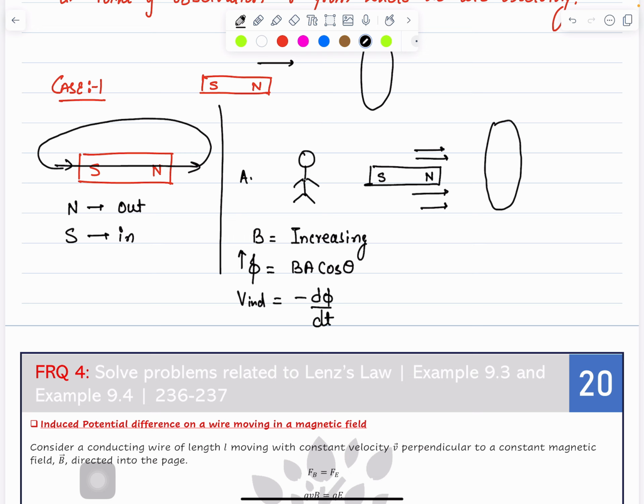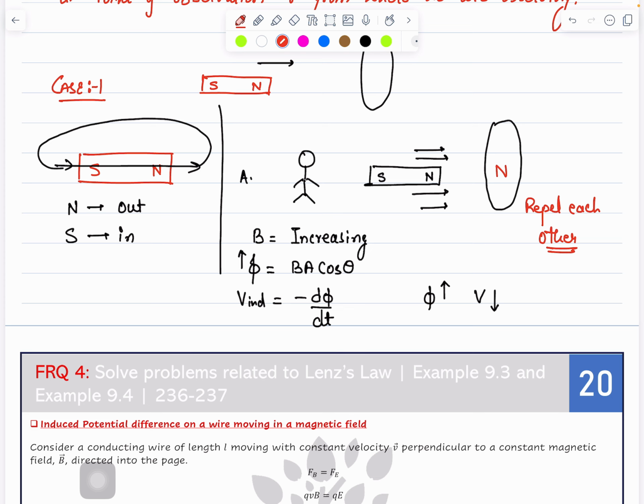What does it mean? If your phi is increasing, V will decline. Yes or no? Decline means it will oppose. It will oppose means here you will get the north, so here also you will get the north, so that north and north can repel each other. Is it fine?